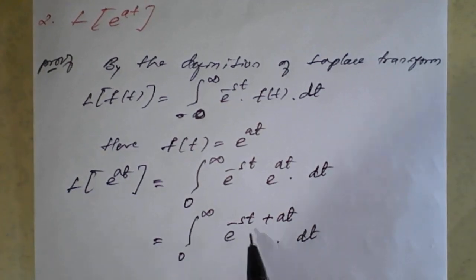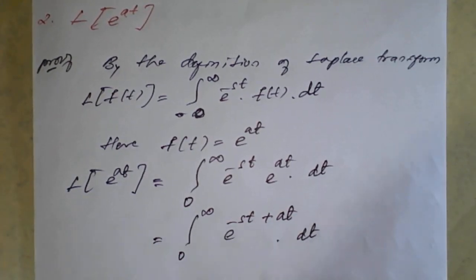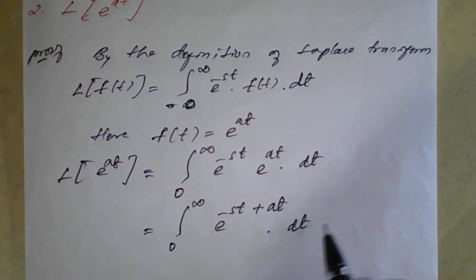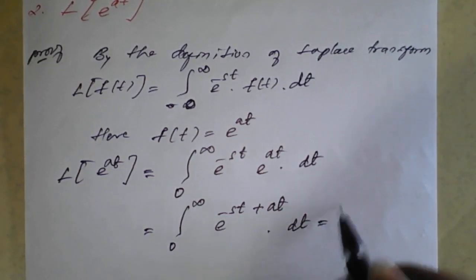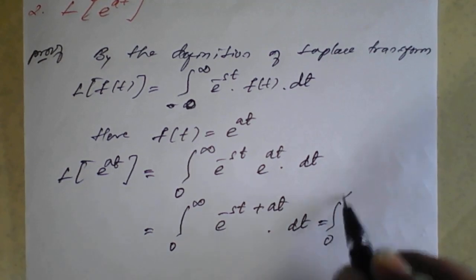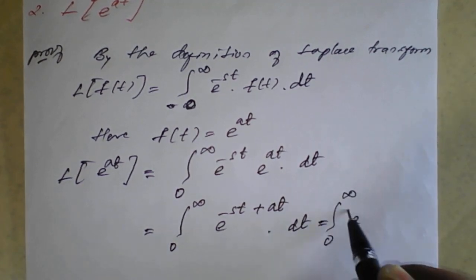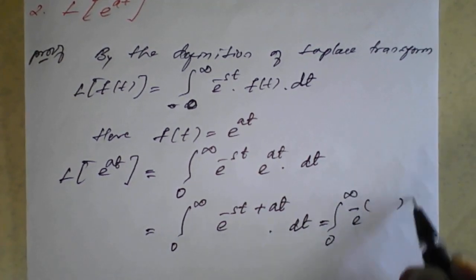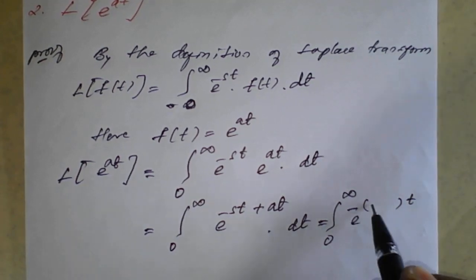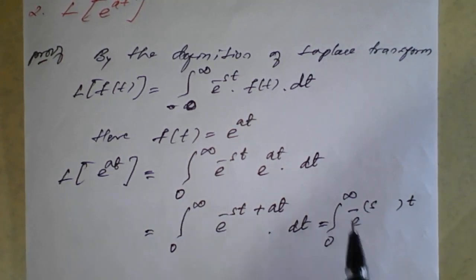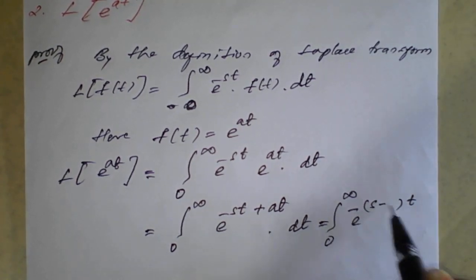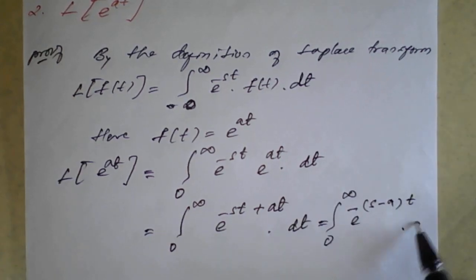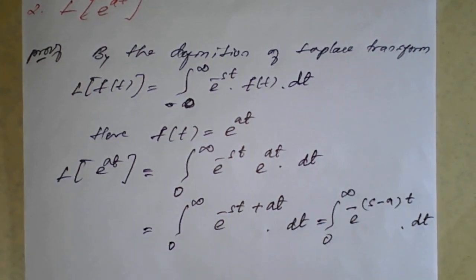Fine. So I can take t common and minus sign common. We'll get the integration from 0 to infinity of e raised to minus times s minus a, into t, dt. What is left inside is s, and because I had taken the minus sign common, this plus will become minus a.